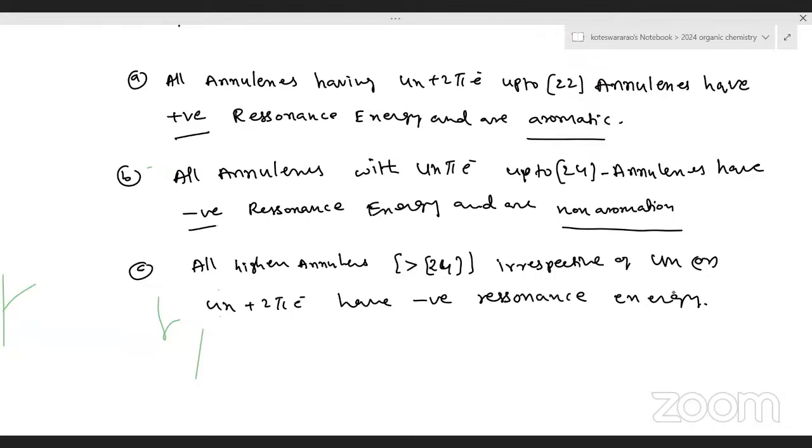But in annulenes of more than 24, like 26, 27, 28 and so on, as the number of carbons increases, the size increases. Therefore, it is difficult to maintain the planar structure. Monocyclic planar structure maintenance is not so simple. Therefore, it may be a non-planar structure. Therefore, it shows negative resonance energy.